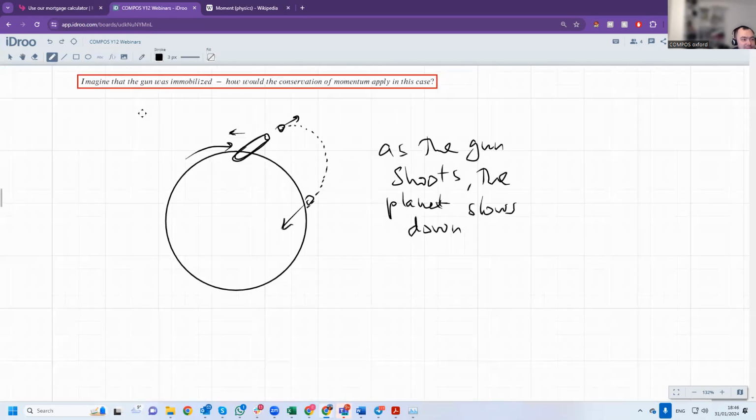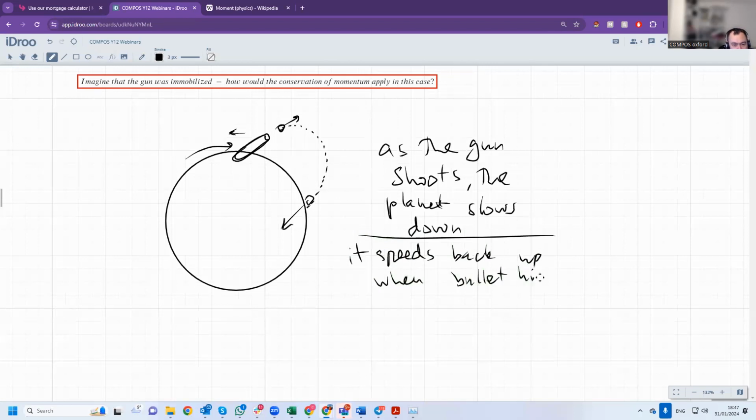It slows down, and it speeds back up when the bullet hits the ground. So it just causes the planet to go slightly slower, but when the bullet hits the ground, the planet starts moving slightly faster. And exactly this happens, realistically.